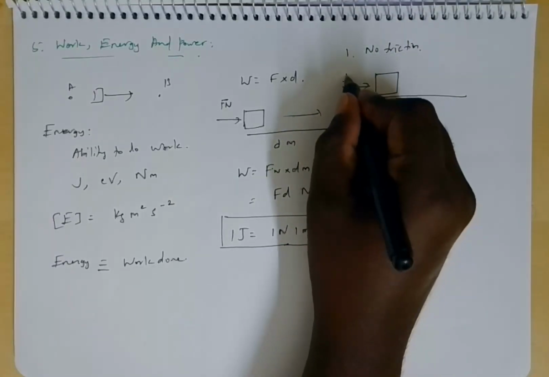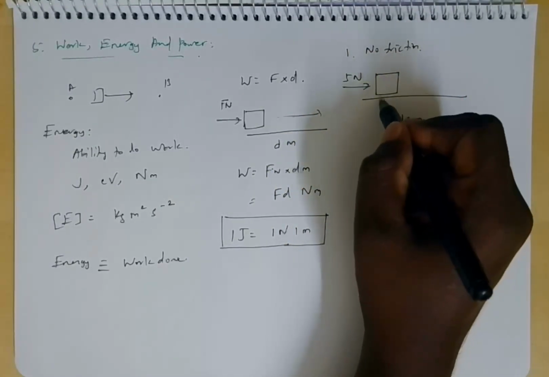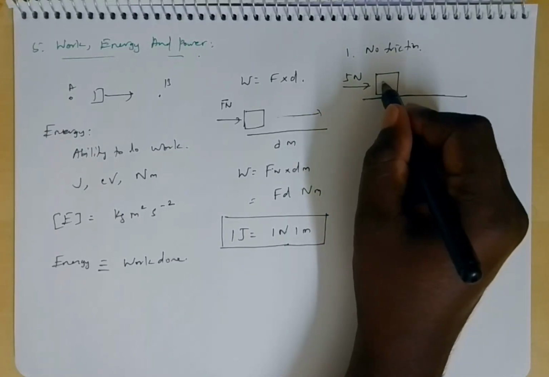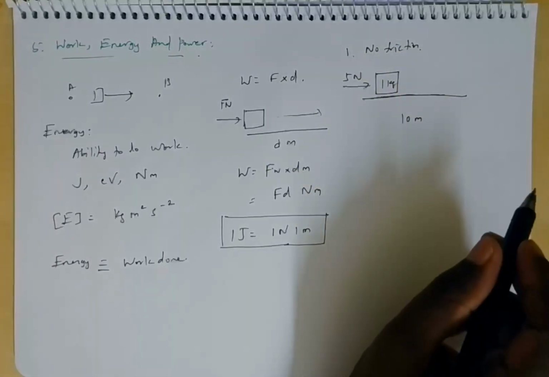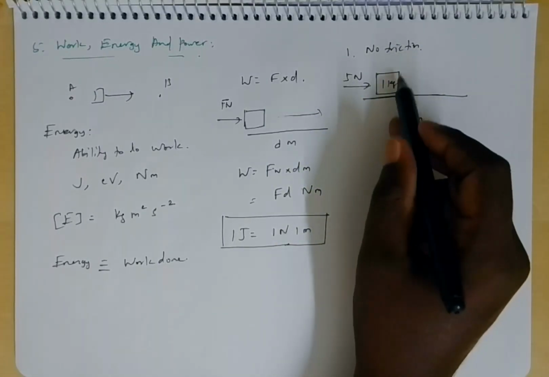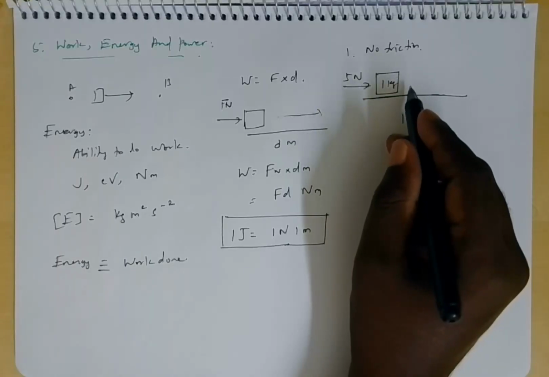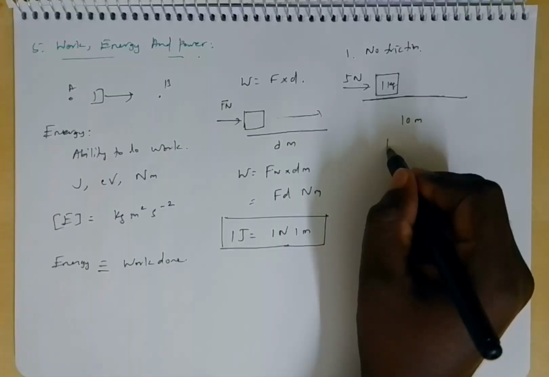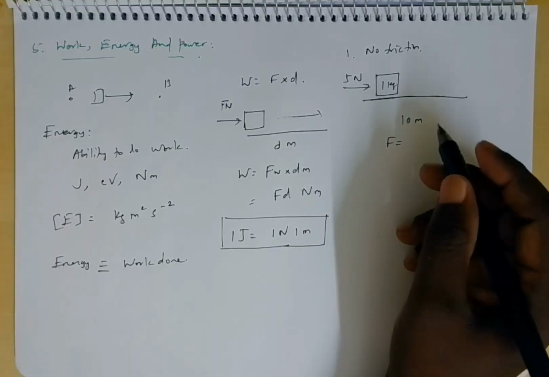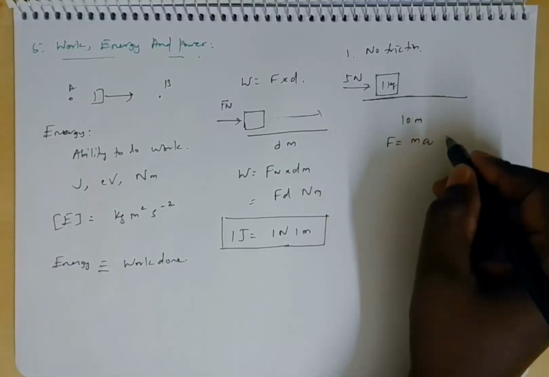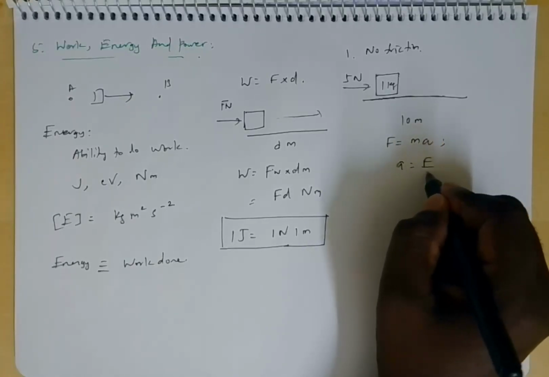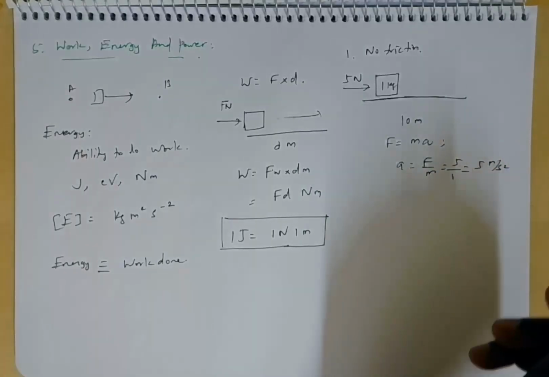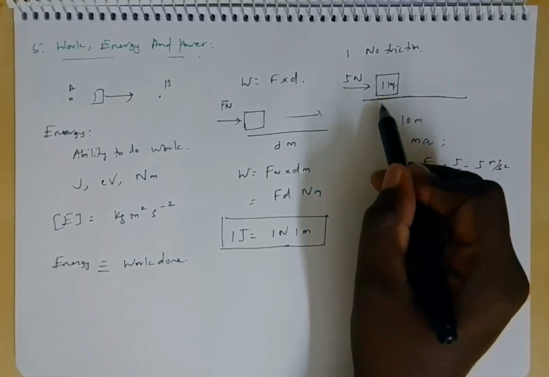If I give 5 Newton force, and let's say the object is 1 kg, and in the first case no friction, what will be the acceleration? Give in terms of force, mass into acceleration. So acceleration is force by mass, 5 by 1. It's going to accelerate with 5 meter per second square, and it's going to slide through all the 10 meter.